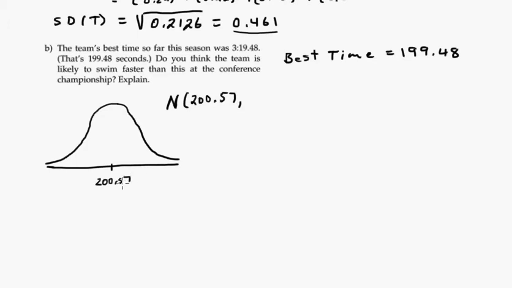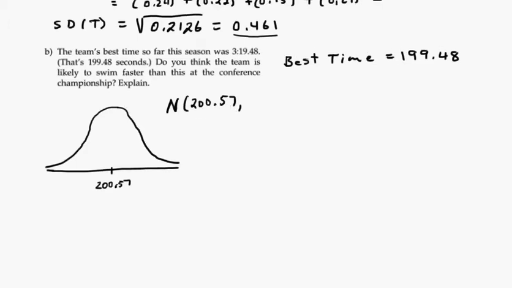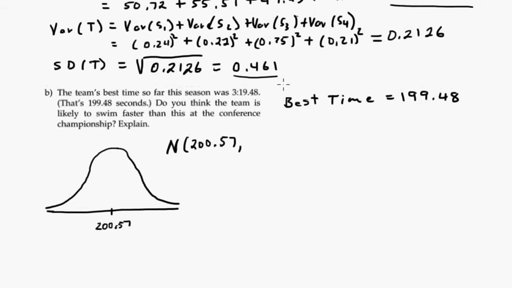This is good notation. It speaks to the AP test reader. Now the standard deviation: you want to tell the reader that you know the standard deviation of this model. It's 0.461. So you're really saying a lot when you write this notation.